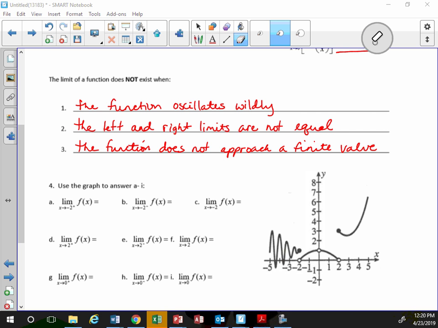As x goes to the right, it goes to. All right, guys, we'll go through them after lunch, okay?